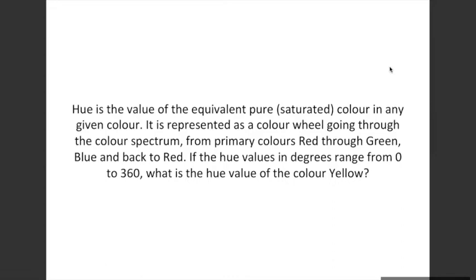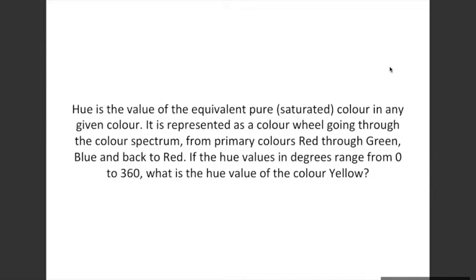You would have traversed from 0 degrees, which is the color red, to 360 degrees, which is again the color red, because 0 and 360 degrees are the same in a circle. That angle is called the hue angle, HUE. The hue angle of the color red is 0 degrees or 360 degrees.